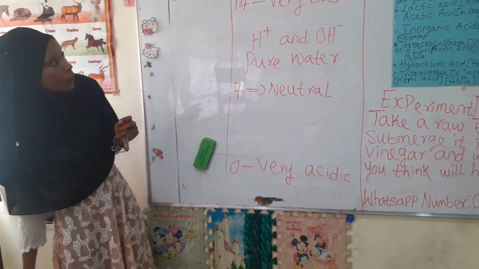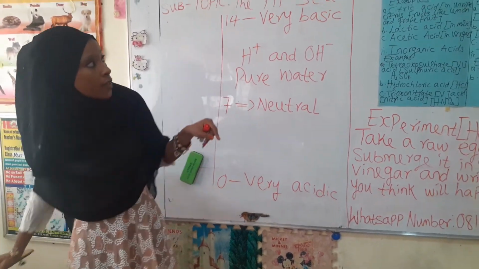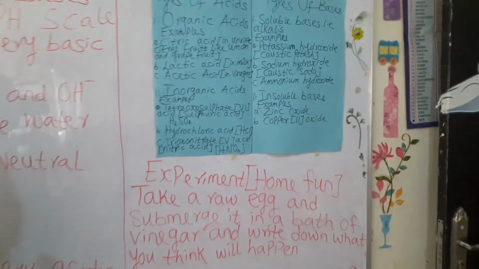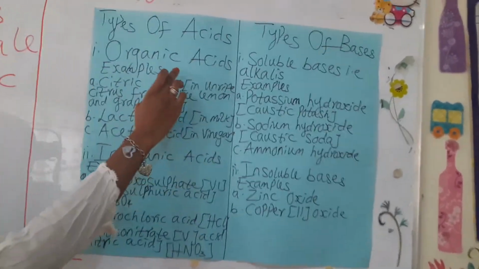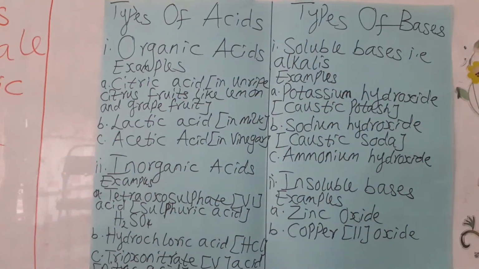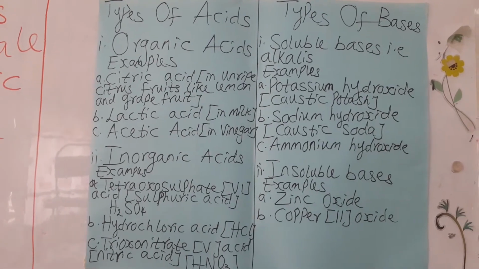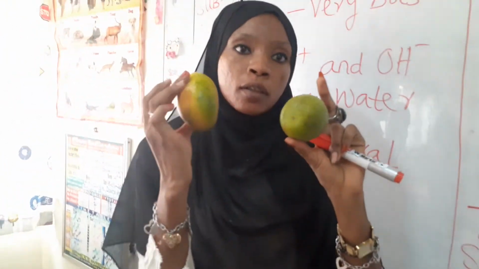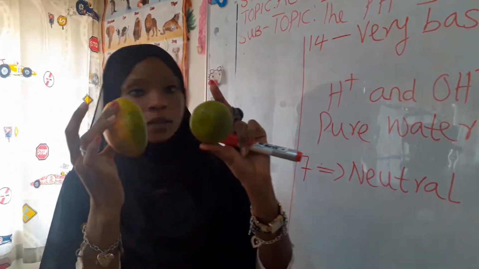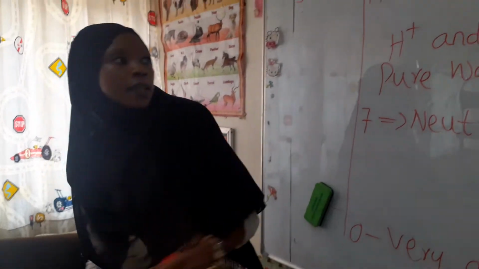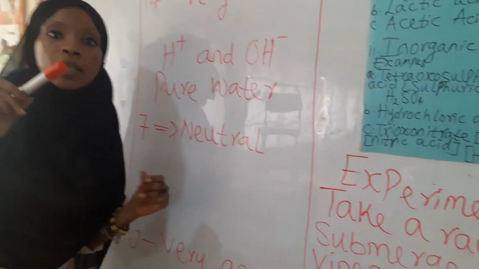We have types of acids and bases. We have two types of acids. We have organic acids, that's acids that occur naturally. We have citric acid in unripe fruits like lemon and grapefruit, as you can see here. We have lactic acid in milk, and acetic acid in vinegar.